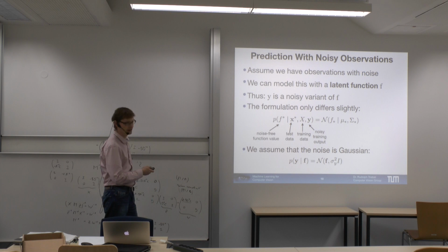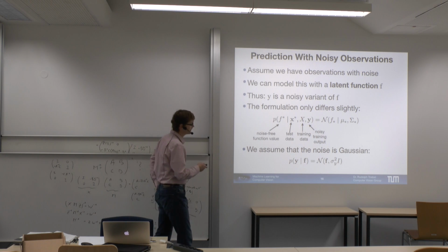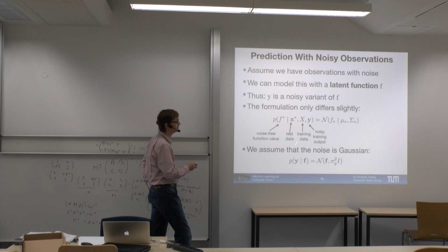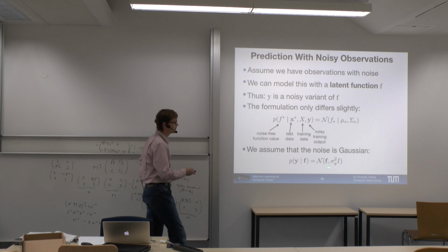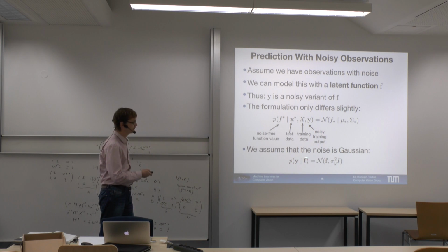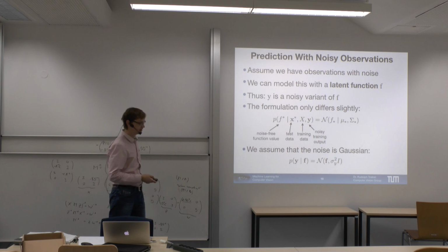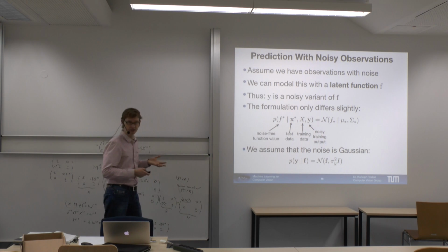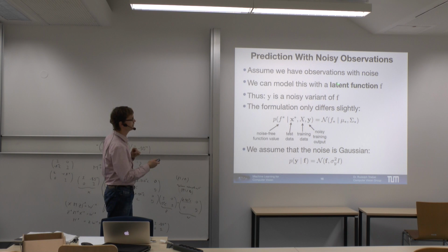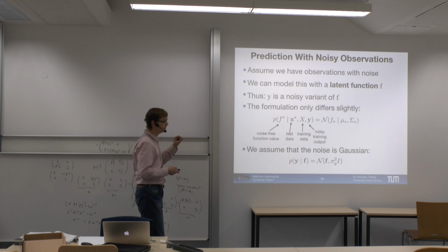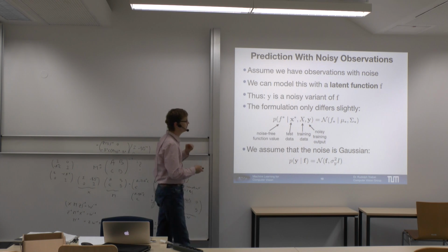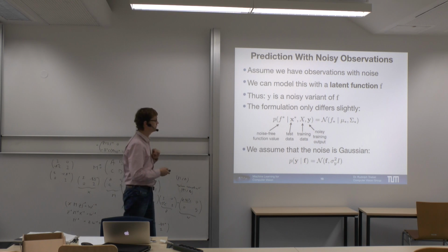This is x and y. This is again the same as before. Now just with a slight difference that y is some noisy variant, some noisy examples of f's. And the f's are the true functions that we don't know, right? That's the reason why they call them latent functions. We don't know the real value, the actual value that the function gives us. We only know y, which is a noisy version of f, right?